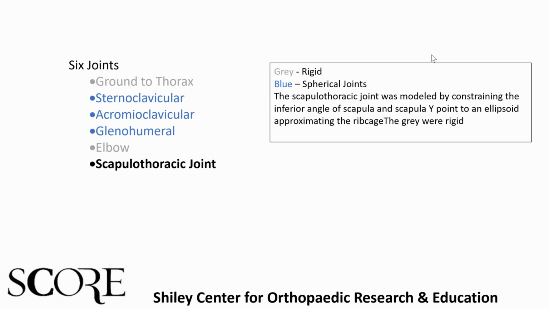There's the sternoclavicular joint, so the clavicle is joined to the thorax with a spherical joint. And there's also an acromioclavicular joint of the acromion, the scapula, to the clavicle. And then obviously there's the glenohumeral joint, the humerus to the scapula, the elbow, and then there's also the scapulothoracic joint, the scapula to the thorax.